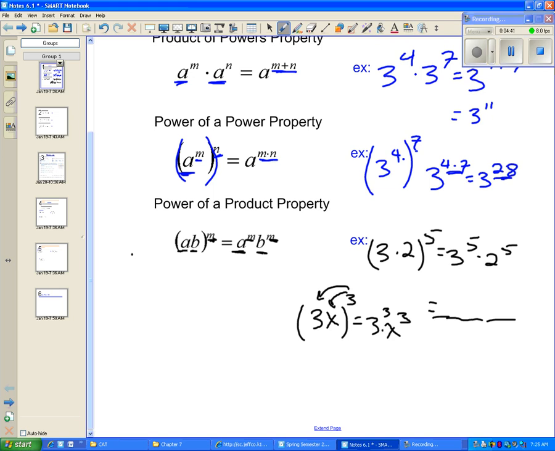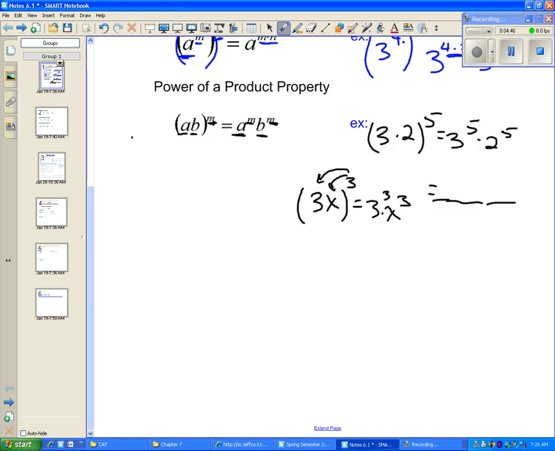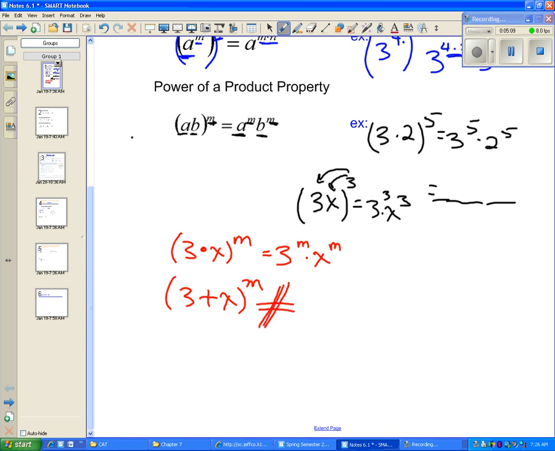Now, in red, I need to make a very good point. There's a difference between 3 times x to the m and 3 plus x to the m. 3 times x to the m is 3 to the m times x to the m. 3 plus x to the m is not equal to 3 to the m plus x to the m.